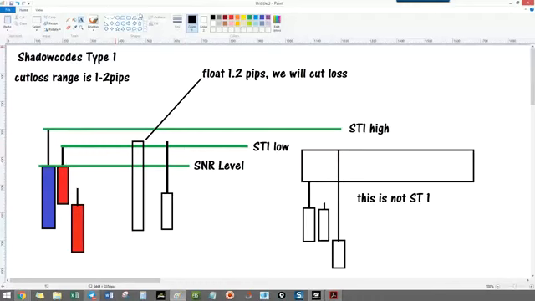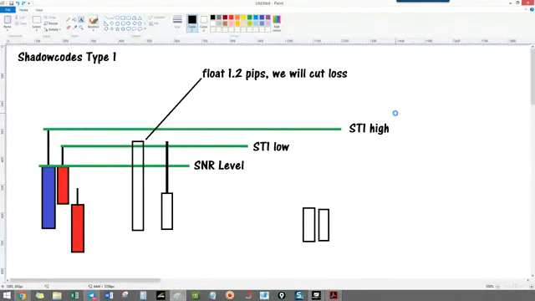Okay, so for example, over here, let me see how to draw this.